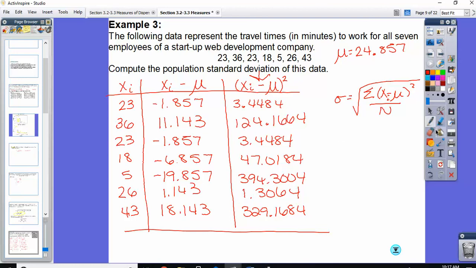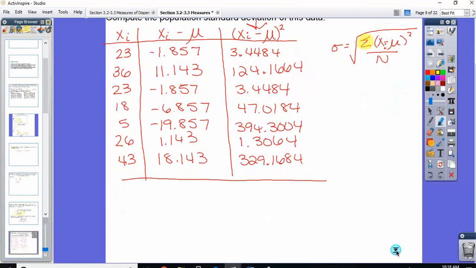This thing right here. Okay, when I add all of those up, you get 902.8568. Is that what you guys got?